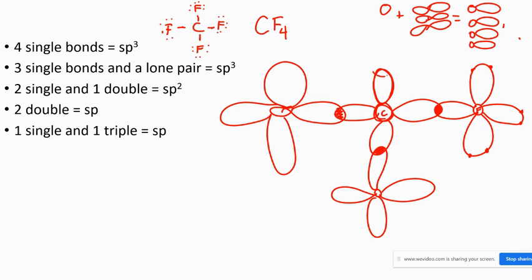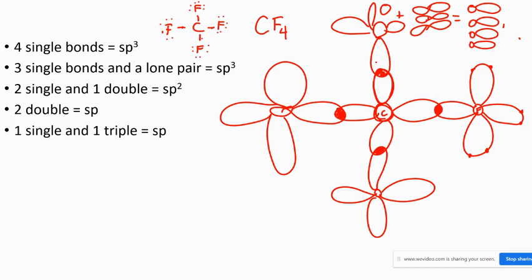And my next fluorine will come in here. Sigma bond and 3 more lobes coming out of here. Good? Is that making sense? So you've got 4 sigma bonds here. That's these single bonds that we drew with lines.